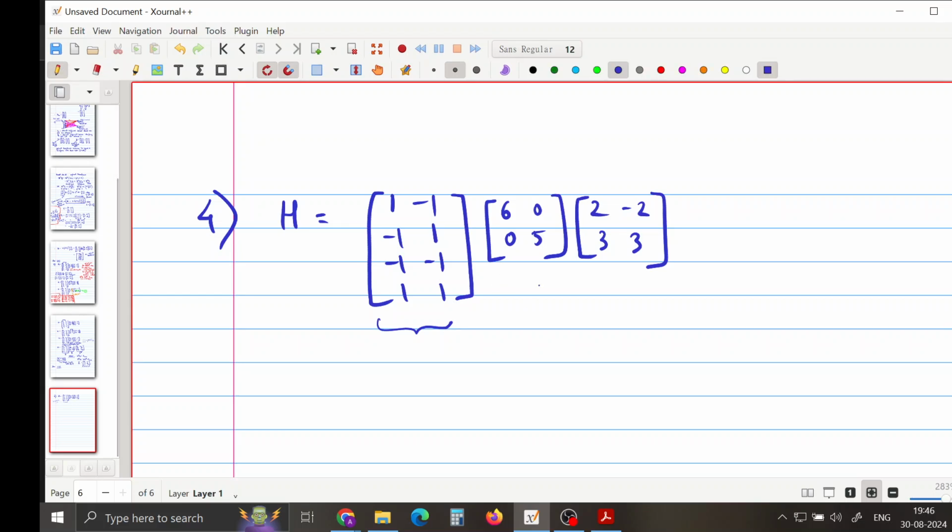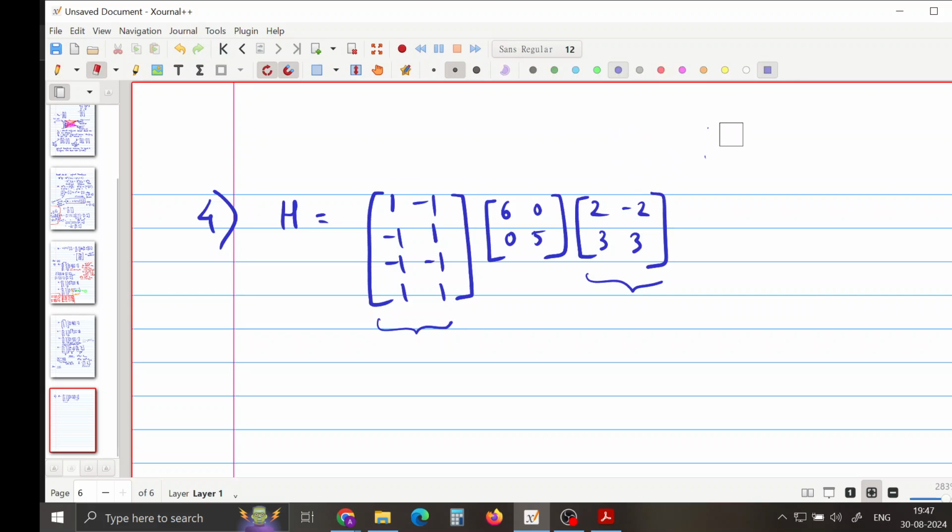And the second matrix is in the sigma form, in descending order. That's fine, but this last matrix is not in the V Hermitian form. It's not unitary, right? It's not even orthogonal, because if you take the inner product, it's minus 4 plus 9, which is not 0.